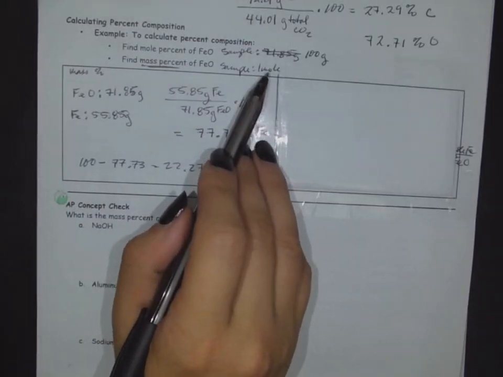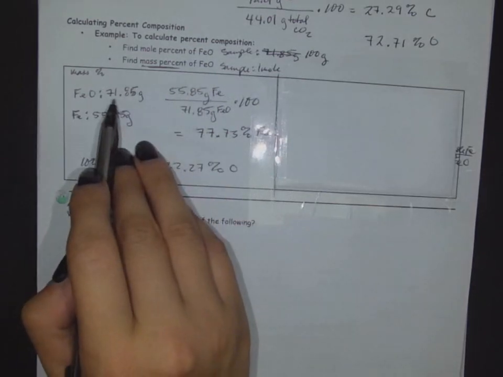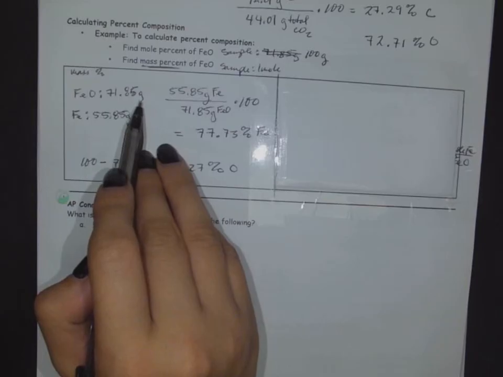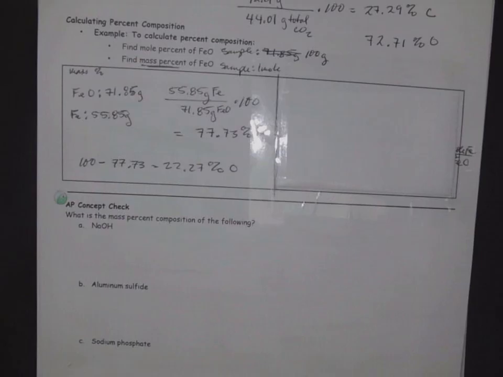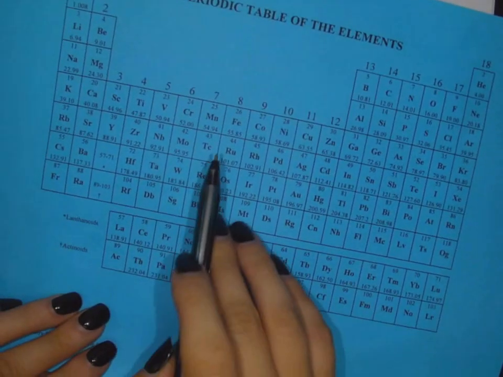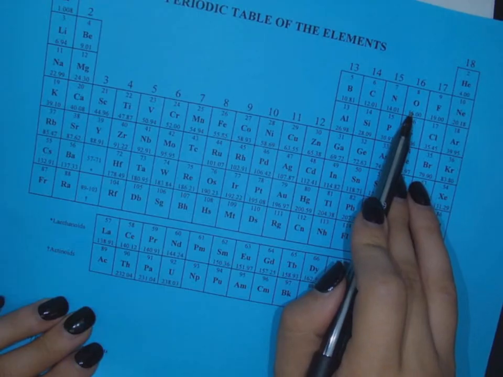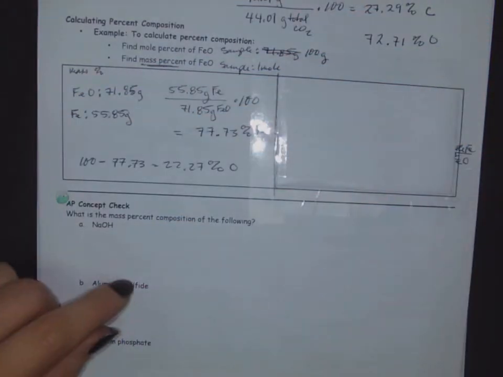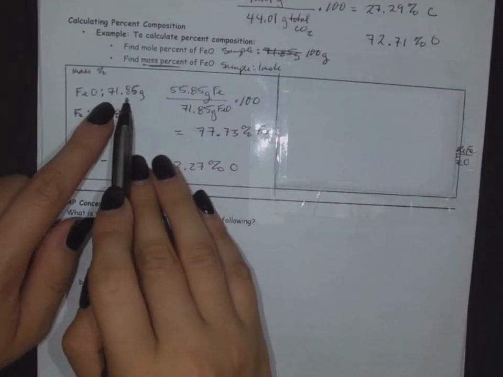So what if I have 1 mole of iron oxide? That would mean that there's 71.85 grams of iron oxide in that 1 mole, because again, I took the molar mass of iron and added it to the molar mass of oxygen.